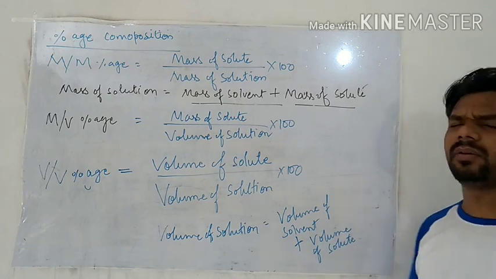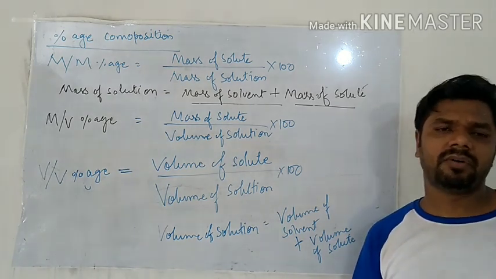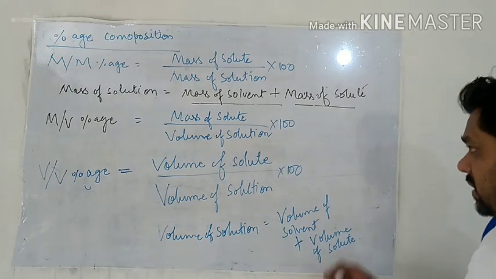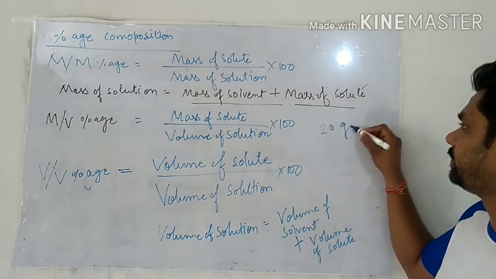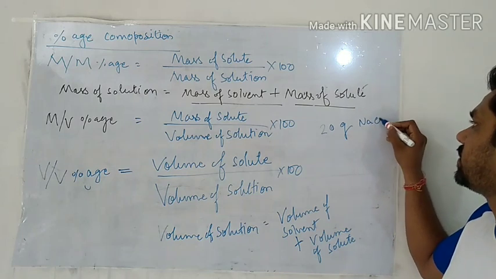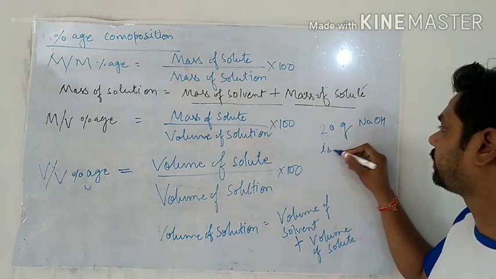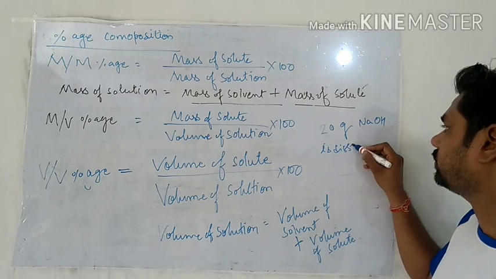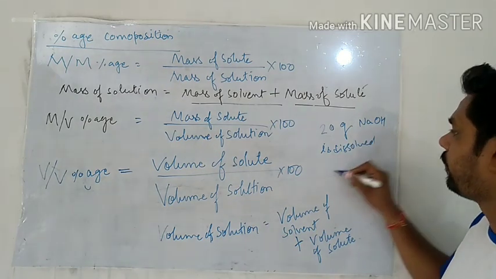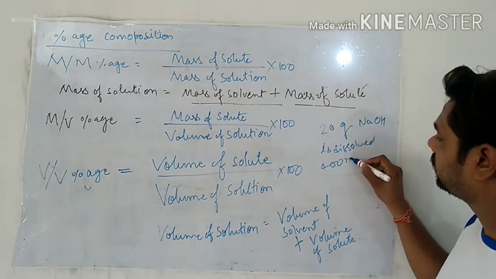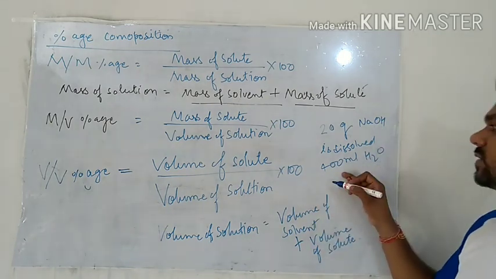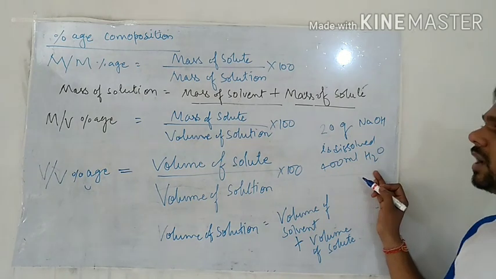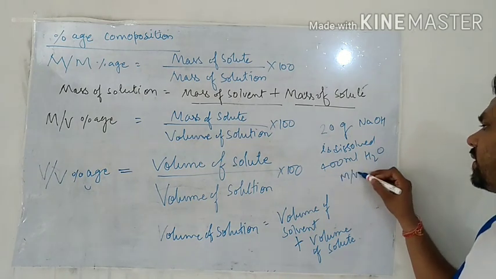So any volume, any amount can be given to you. Suppose I'm saying that 20 gram NaOH is dissolved in 400 ml water. Find the mass by volume percentage.